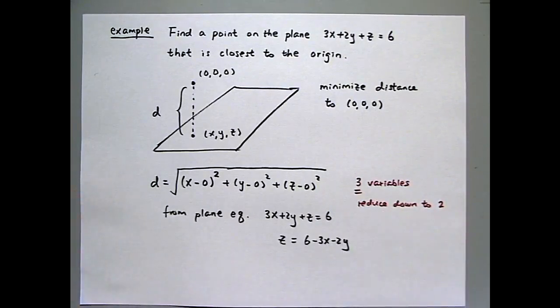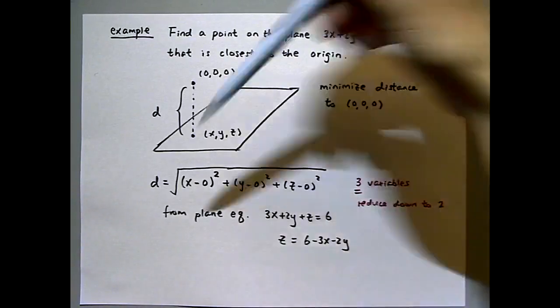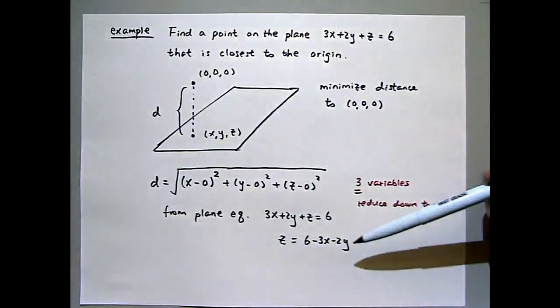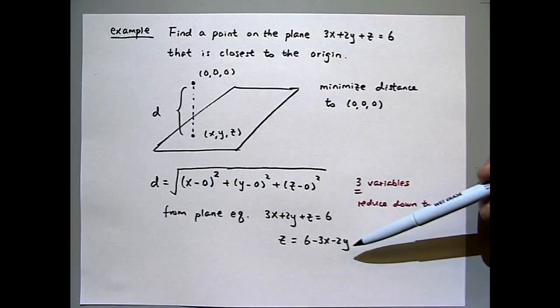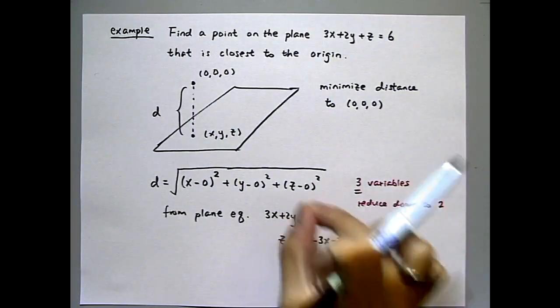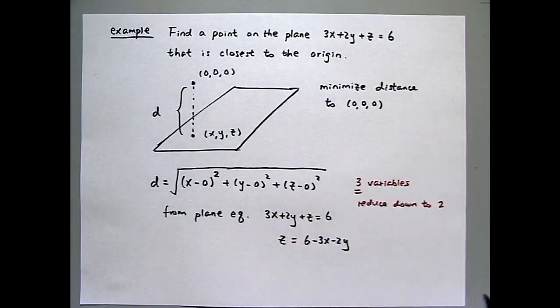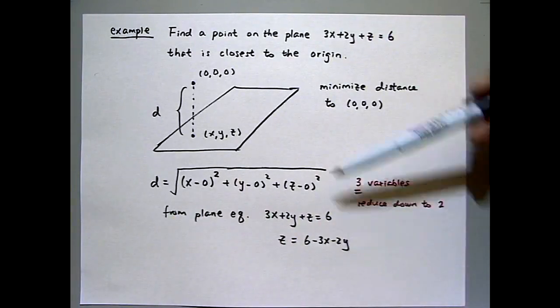And this tells me that I can choose x and y basically however I wish, but whatever x and y I choose, z has to obey this equation. The last variable here, the last coordinate, is a dependent variable upon the 2 independent variables. So I'm going to substitute this into here.